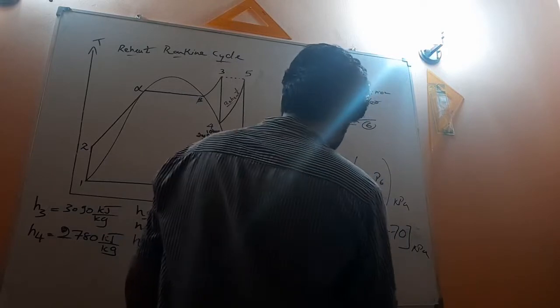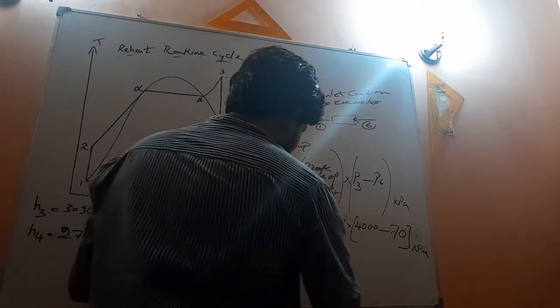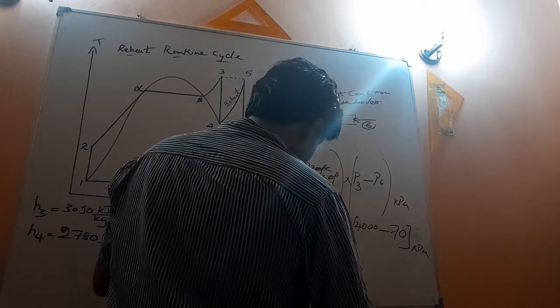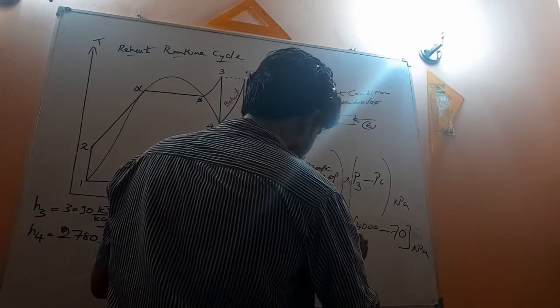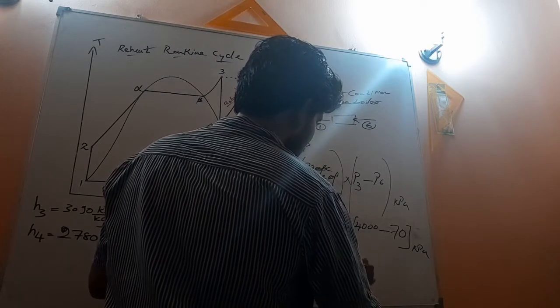That gives 4.075, so let's say 4.08 kilojoules per kilogram. That is the pump work.